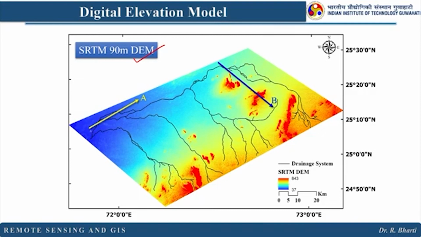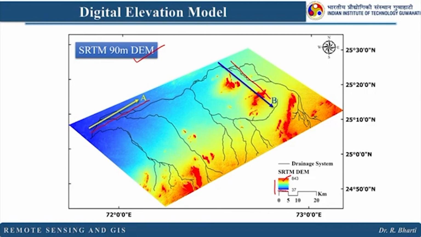what the profile is along this A line and along this B line. I will show you how it appears when you extract the DEM values along these lines. Here you can see this is basically the scale of your DEM. Blue is basically the low lying areas and red is basically elevated areas.